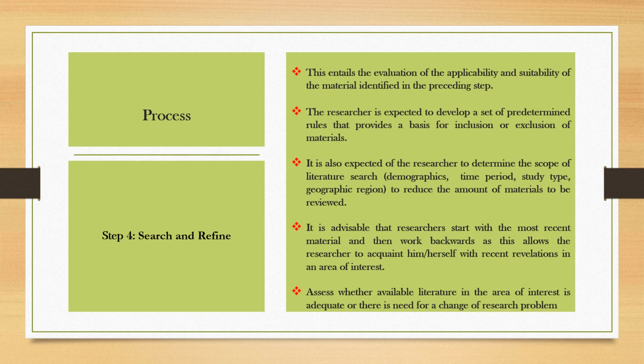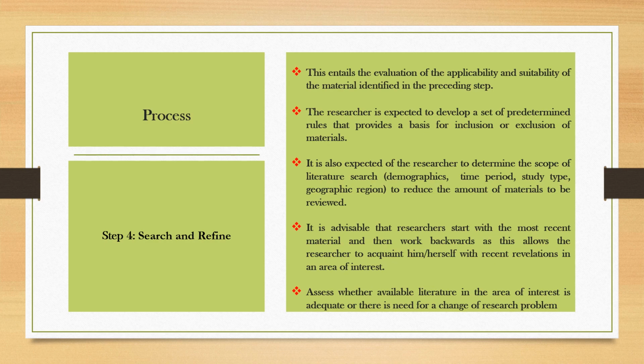And the next stage is what we call searching and refining the literature. When we are searching and refining literature, we mean the evaluation of the applicability and suitability of the material identified in the previous step.